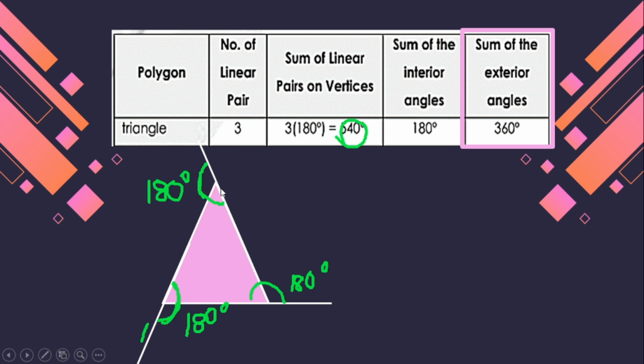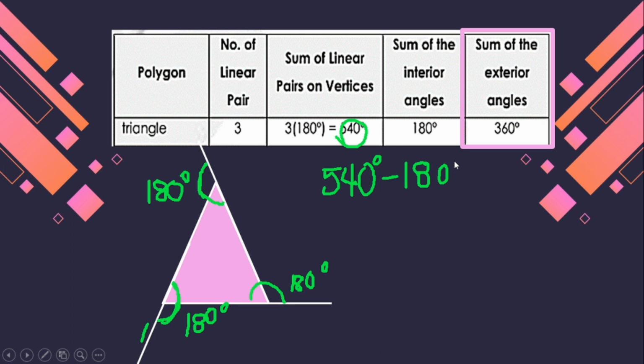So, kung 540 yung lahat ng yan, kasama na yung exterior at interior, at sinabi natin na ang interior ay 180 degrees. So, ibig sabihin, 540 degrees. Yung total nung tatlong linya na nabuo natin, isubtract natin yung nasa loob na sabi natin 180 degrees para makukuha natin kung ano ba yung nasa labas.